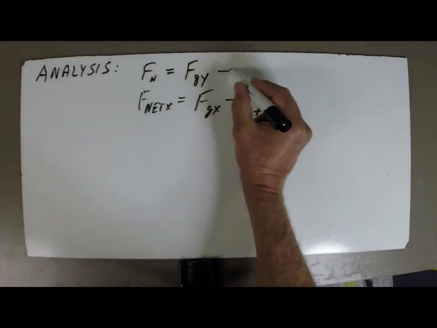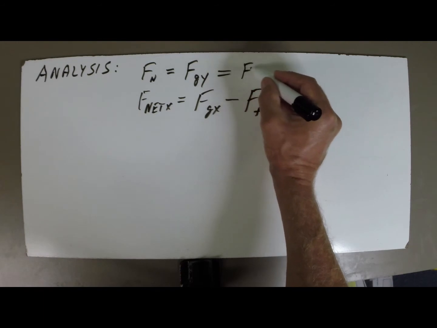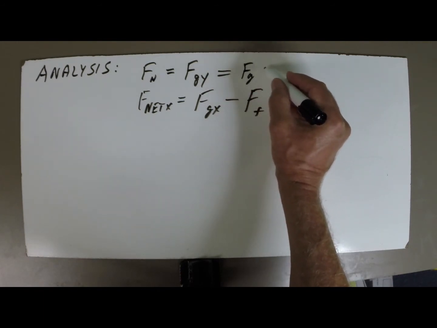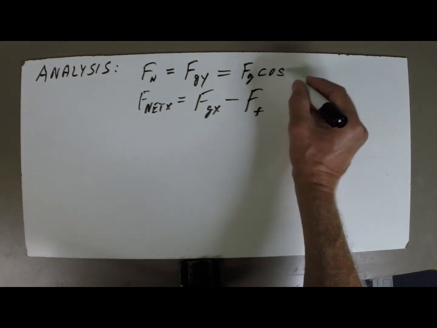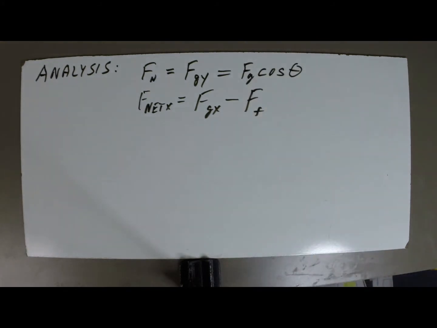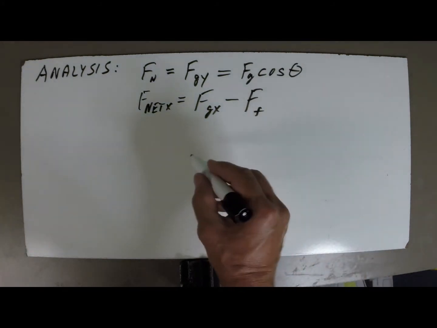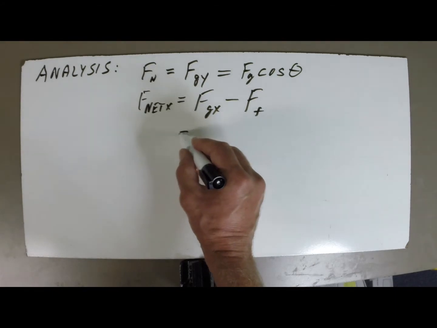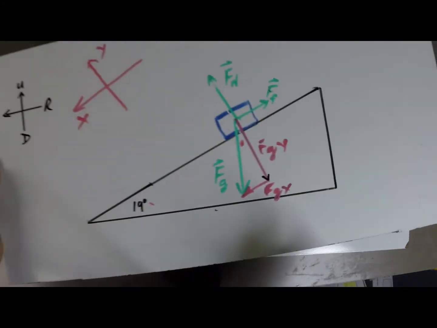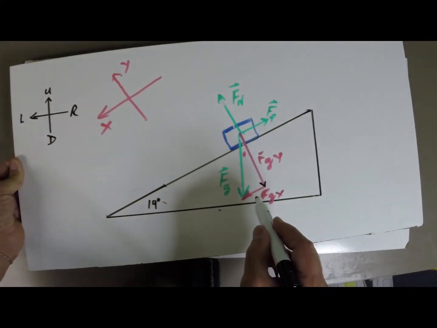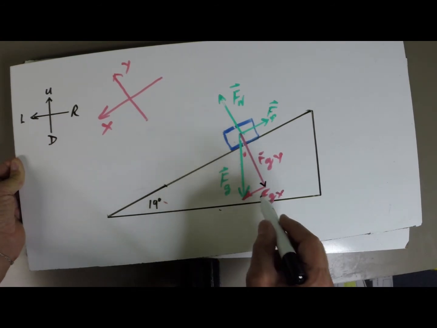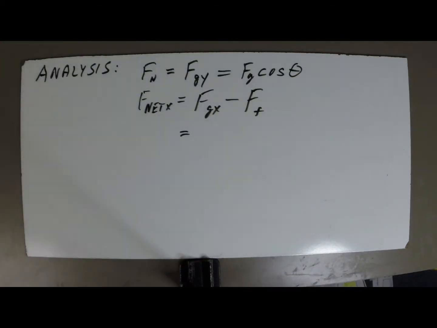So this will be equal to Fg, which is the hypotenuse, times the cosine of theta. And Fgx, which is opposite the angle here, will be the hypotenuse times the sine of the angle.